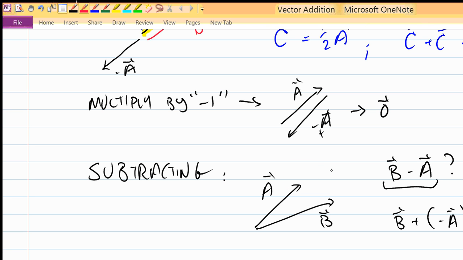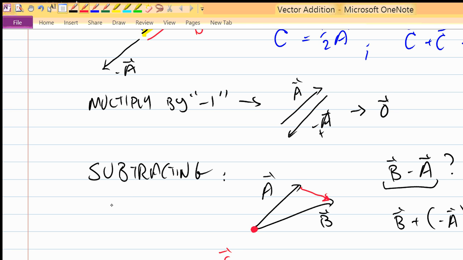Another way to do this, notice that this vector here, the B minus A vector, the resultant, is the same as if I just started at A and went straight to B, drawing both of the vectors from the same common point. And that is something that you're going to want to get used to. This is the way, for instance, if I've got an object that starts at the origin and is changing its position at different times. So here is R at 1 second, R at 2 seconds, R at 3 seconds.